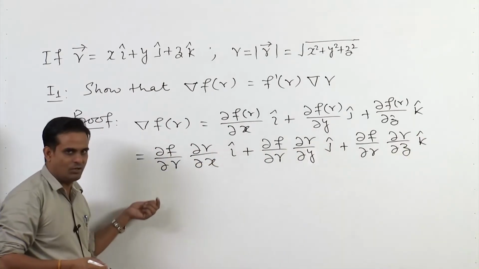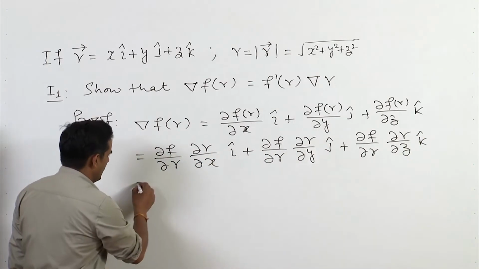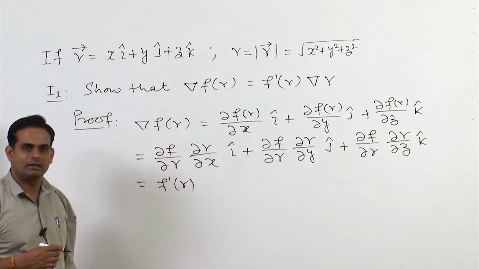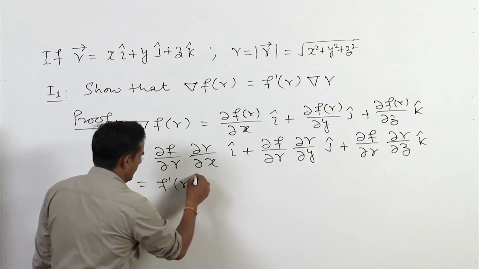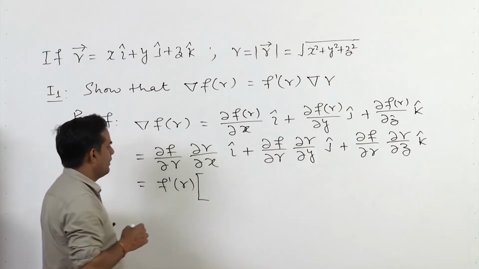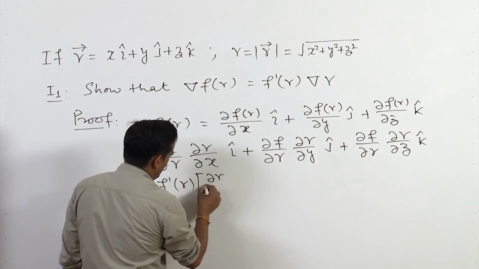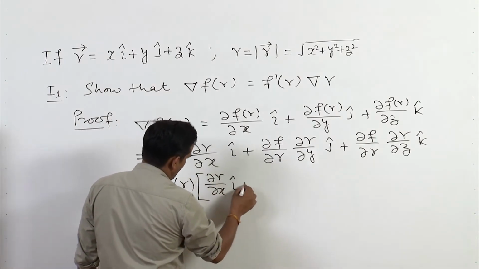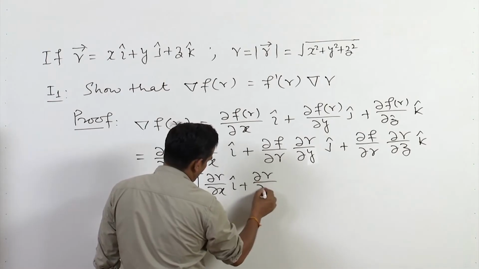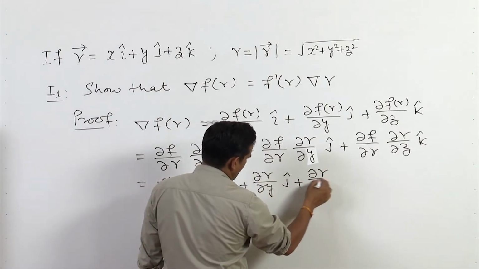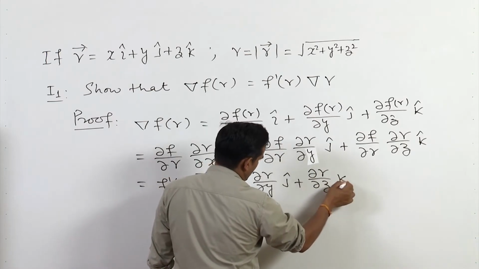Basically f is a function of r, so del f over del r is nothing but f dash r. If I take this common, what I will have is del r over del x i plus del r over del y j plus del r over del z k.